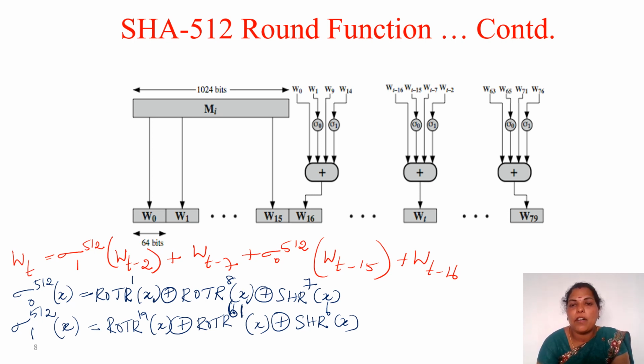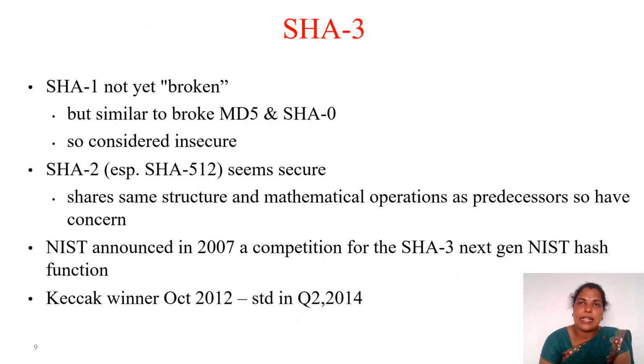This way we perform all the operations and get 80 words. This is for one round. We have to perform 80 rounds of computation in order to provide the avalanche effect in the generated hash. So that's all about SHA-2, that is SHA-512.